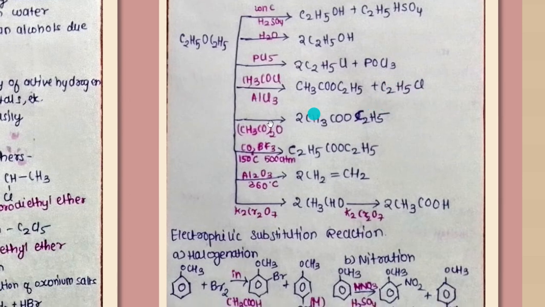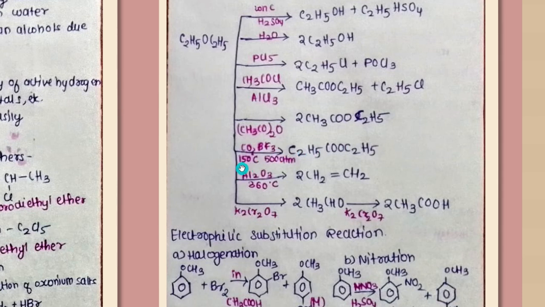Now if I react it with (CH3CO)2O, I will get 2 moles of CH3COOC2H5, which is again an ester. If I react it with carbon monoxide and BF3 at 150 degrees Celsius and 500 atm pressure, I will get C2H5COOC2H5, which is of course a symmetrical ester, RCOOR.